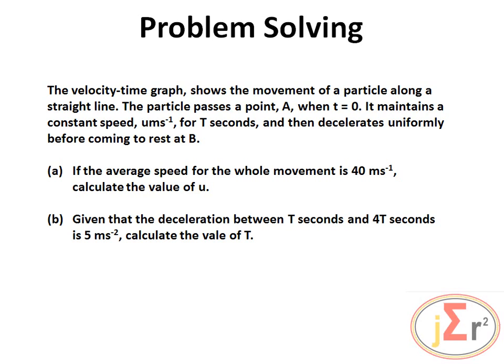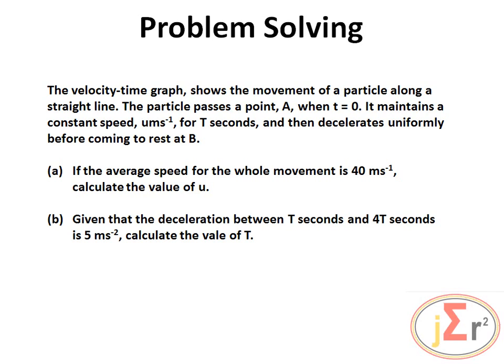The particle passes a point A when t is equal to 0. It maintains a constant speed u meters per second for t seconds and then decelerates uniformly before coming to rest at B. If the average speed for the whole movement is 40 meters per second, calculate the value of u.